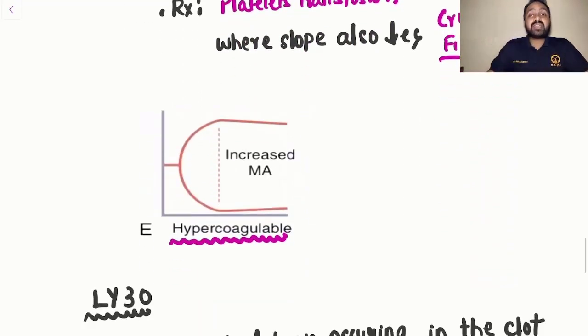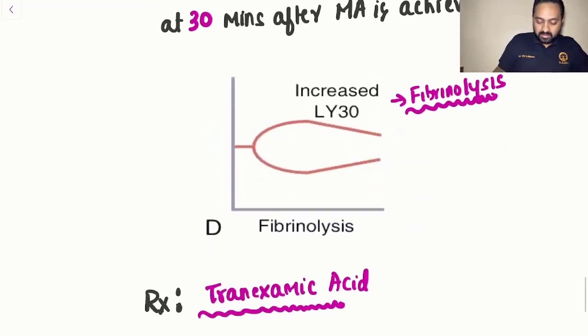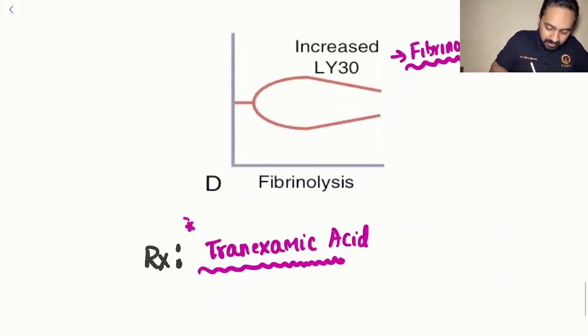Now the increased MA represents your hypercoagulable state, and your LY30 is the amount of lysis occurring in the clot, and value is percentage of reduction at 30 minutes after MA is achieved. Now increased LY30 represents fibrinolysis, where your treatment would be including your tranexamic acid.